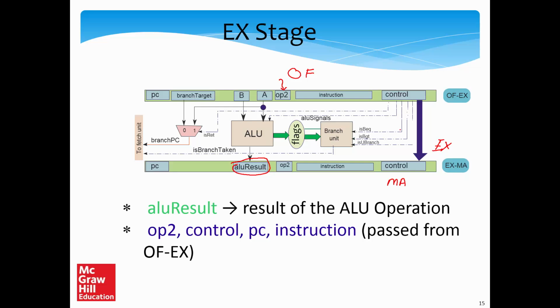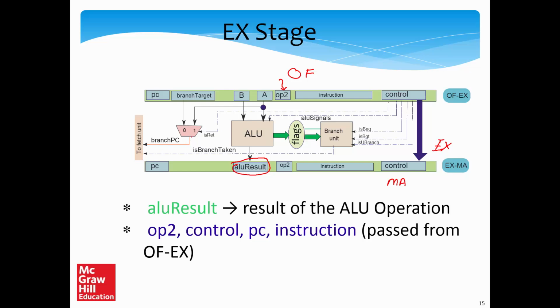The branch unit gets control signals from the control unit: isBeq, isBgt, and isUBranch. So just go back to the relevant part of chapter 8. What the branch unit produces is the control signal isBranchTaken, which needs to go to the fetch unit.